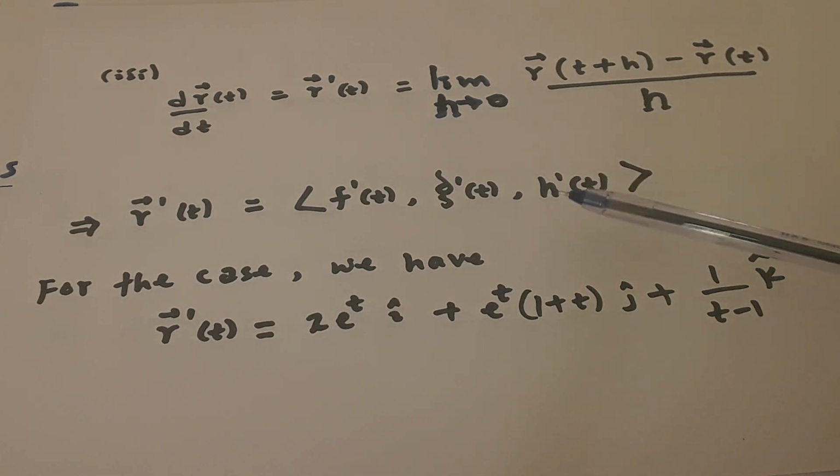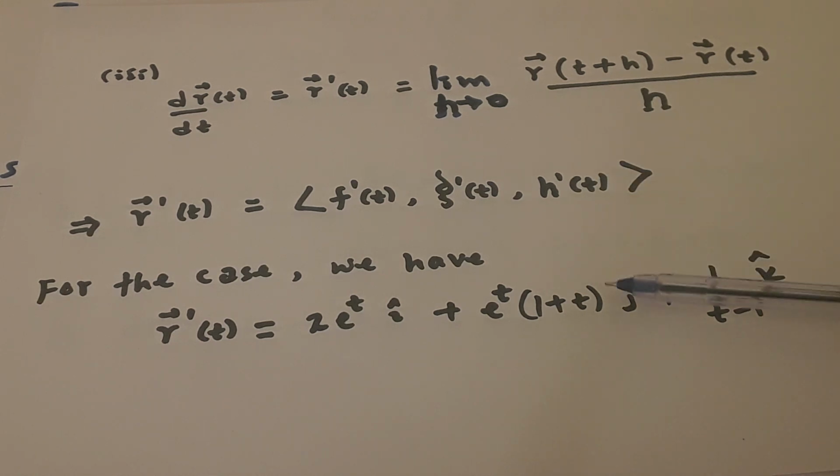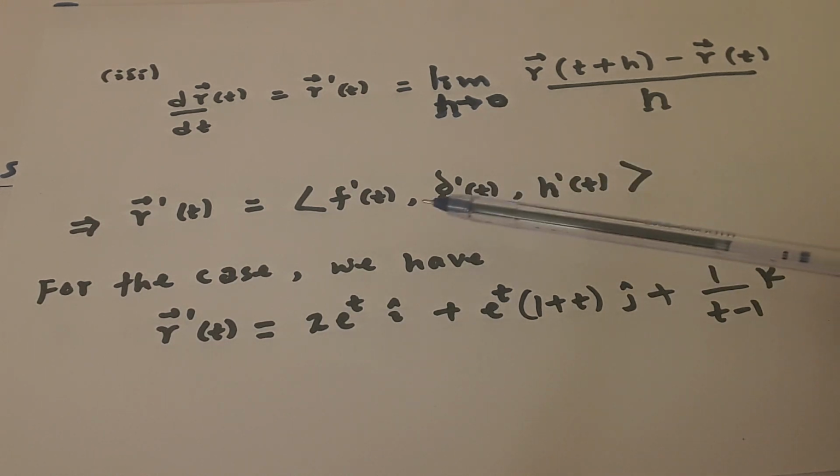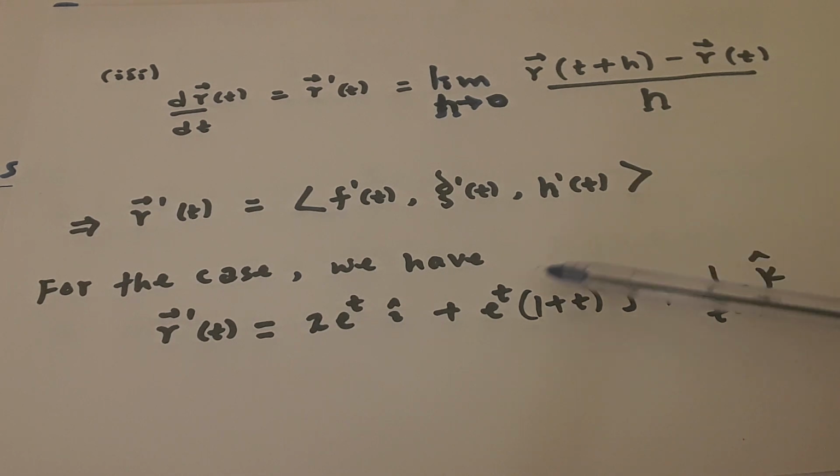But for simplicity, to apply the basic property, we have r'(t) = (f'(t), g'(t), h'(t)), where r has components f, g, h in i, j, k respectively. So the derivative of the vector valued function is component wise, like we did in the limit approach.